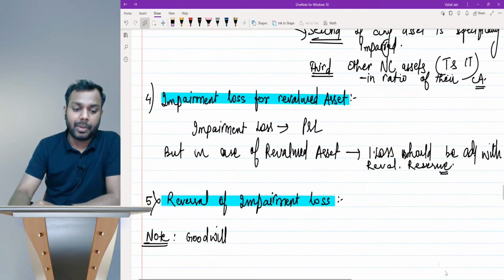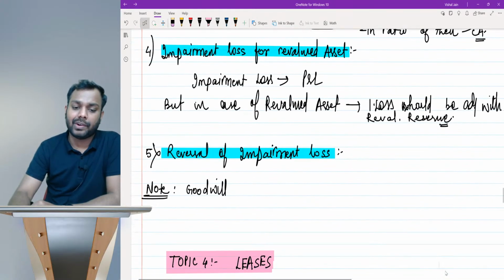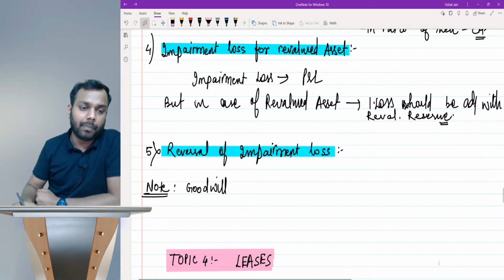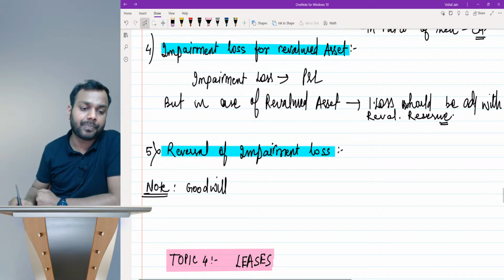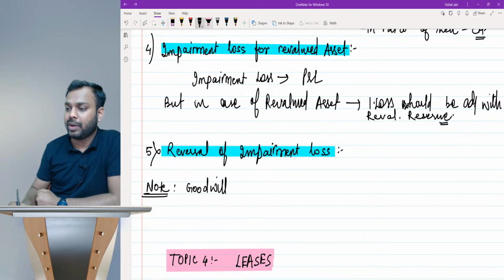Okay, now coming on to the last concept, that is reversal of impairment loss. Before we start on that, I will tell you that goodwill once impaired is impaired for life. It will never be reversed.